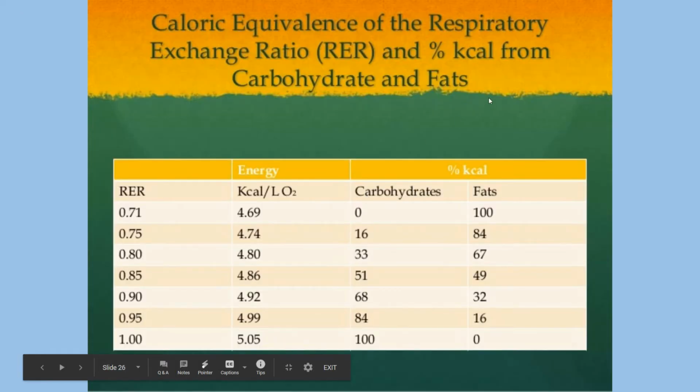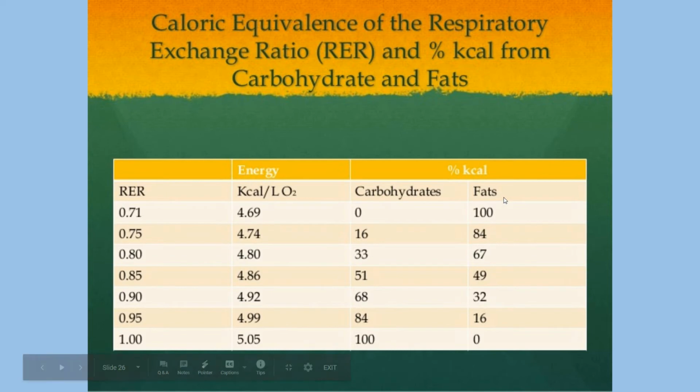Here it is. So if we look at this chart, we can see as someone is exercising or moving and their RER is 0.71, they're at 100% fats burning. As they move up, we see at 0.85, it's a 50-50 between fats and carbohydrates. We hit 0.95 and we see it's an 80 to 20, a little bit over 80, less than 20.